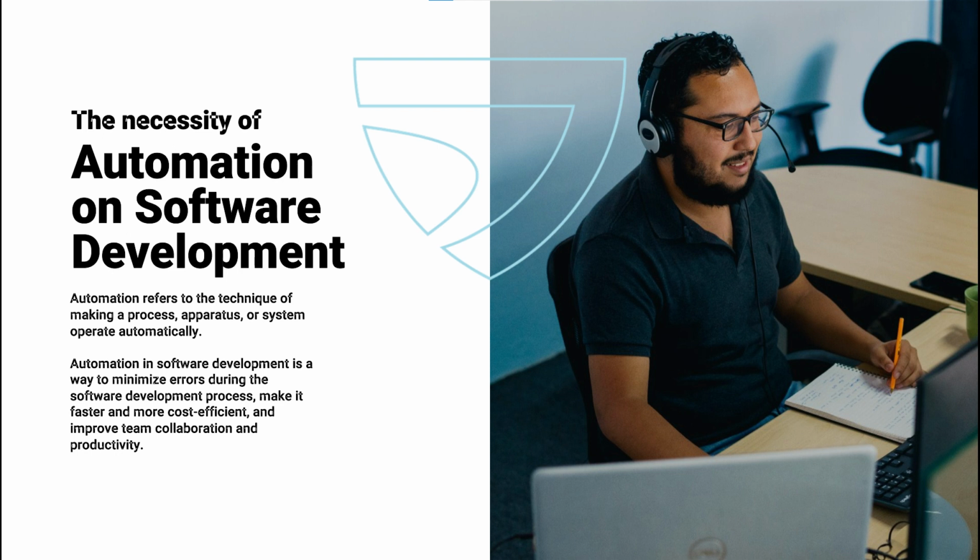Everything you can automate from manual QAs, you can improve in a faster way, and it's a little bit different because you're going to need fewer people to run these test cases. And also it's going to improve team collaboration with the reports and all of that stuff, where everyone can take a look. And that's why we need automation in software development.